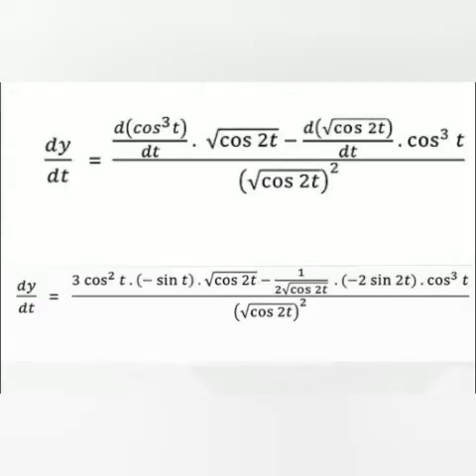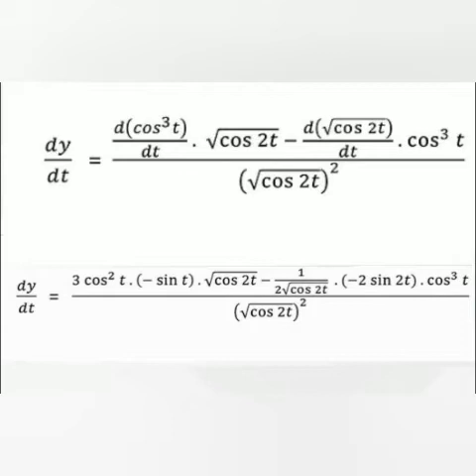Now here we have to find the derivative of cos cube t and under root of cos 2t. Differentiation of cos cube t is 3 times cos square t, then differentiation of cos t is minus sin t. Also, differentiation of under root of cos 2t is 1 by 2 root of cos 2t, then differentiation of cos 2t is minus sin 2t.